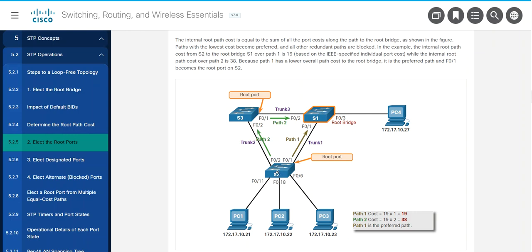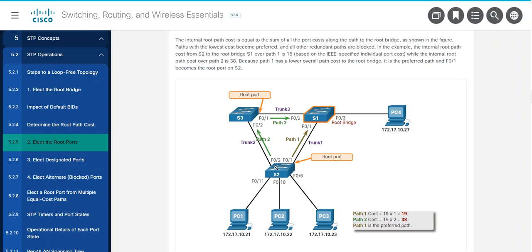So if you were looking at this particular scenario, you have S2 and you have two different options to get to the root bridge. If you're looking at path 1, the cost value is 19, or you're looking at path 2, which would be going through switch 3 and then from switch 3 to switch 1.